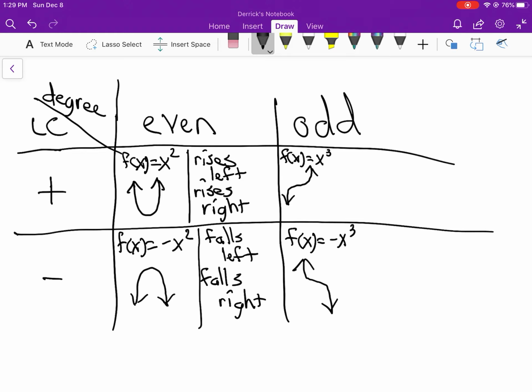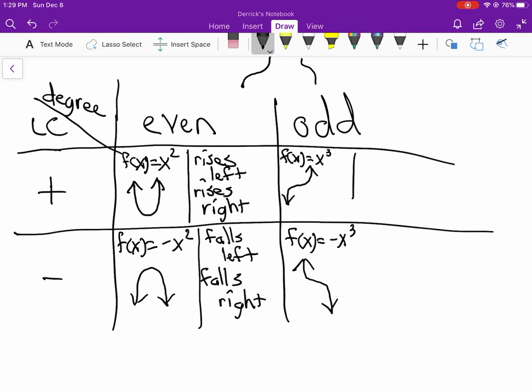This function starts down here and then it slowly goes up as it's going from left to right. Whereas a negative cubic starts up at the top left and starts to slowly trend down as we look at it. So that could help too. Positive leading coefficient lets it trend up from left to right, and negative leading coefficient lets it trend down from left to right. But looking at that visually, you can see what our end behaviors would be.